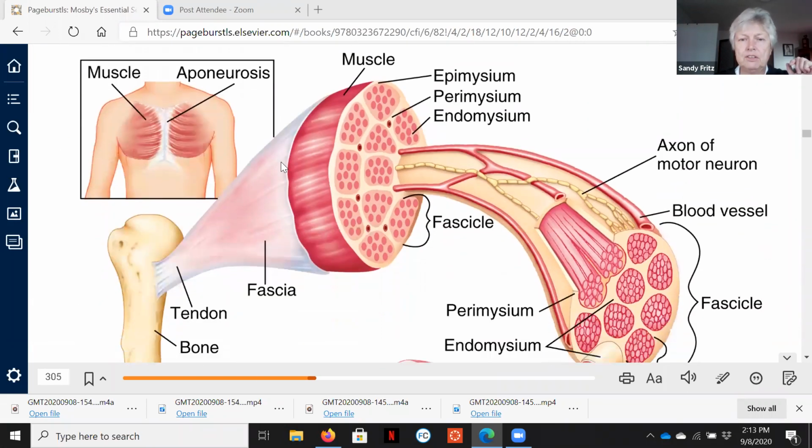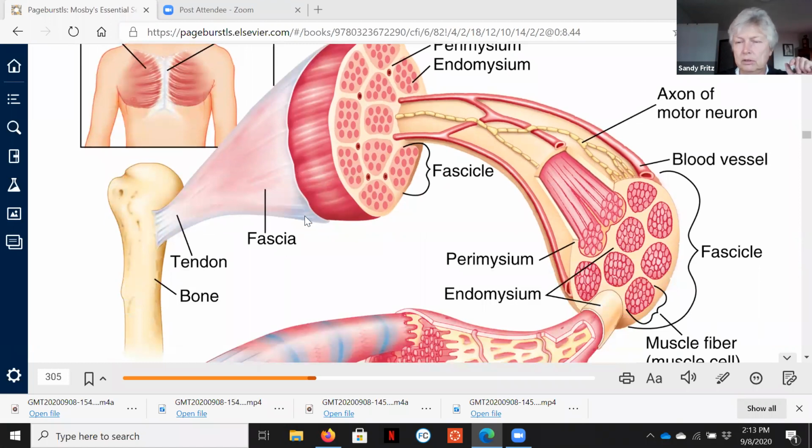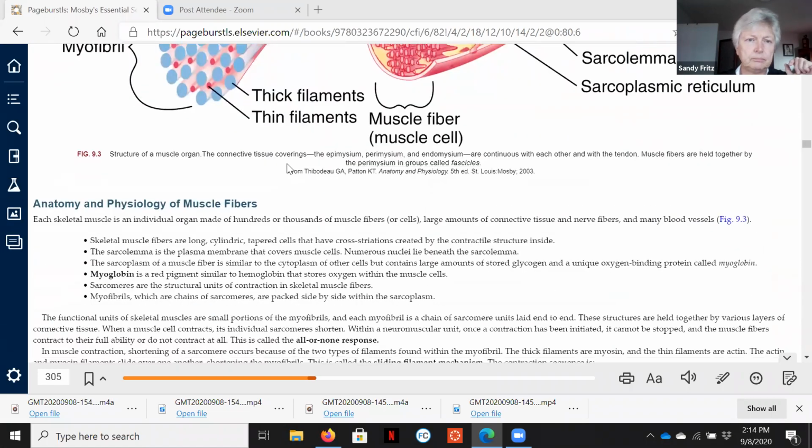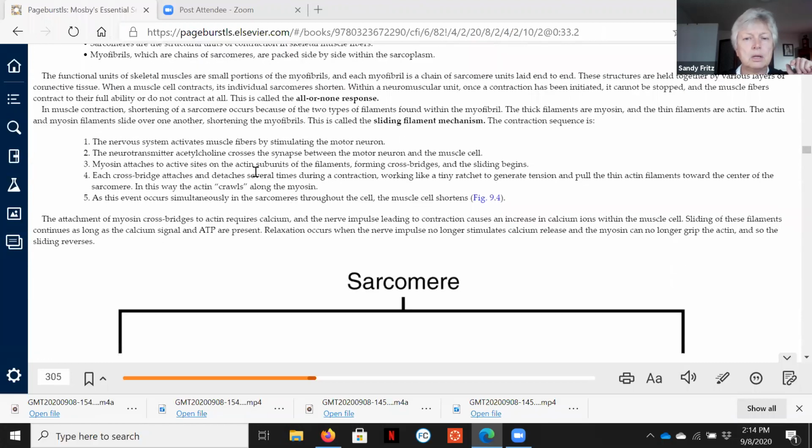Okay, then we have the generalized physical structure of the muscle in this figure, so you're going to want to know these words. And here they are in bullet points for you.